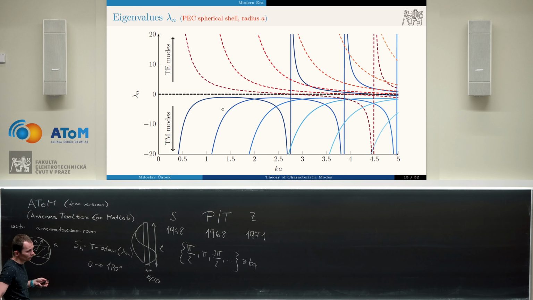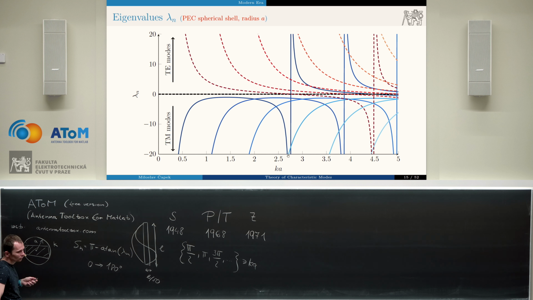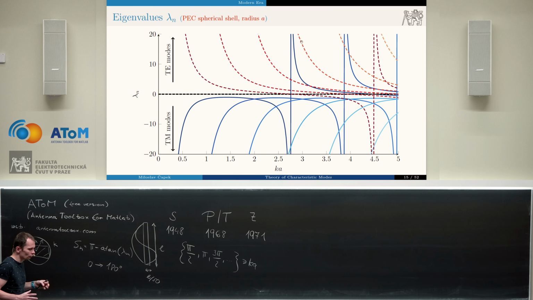This is the same for any other obstacle. But the spherical shell has internal resonances. Those are the specific points in ka where the behavior of the mode changes immediately from -infinity to +infinity. So the change is from inductive to capacitive, or from capacitive to inductive behavior.